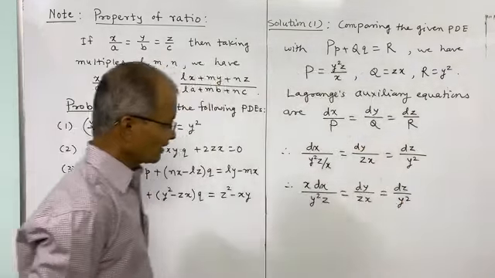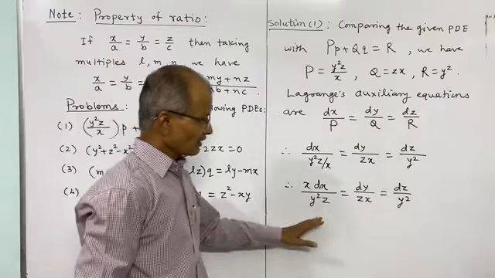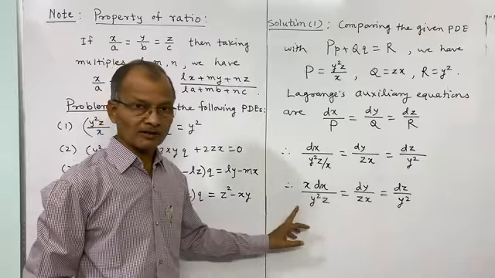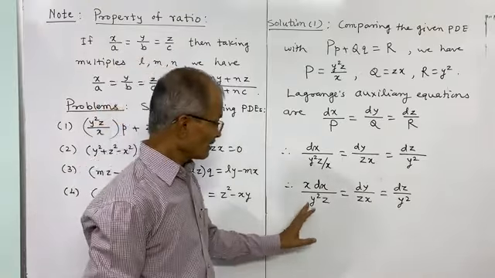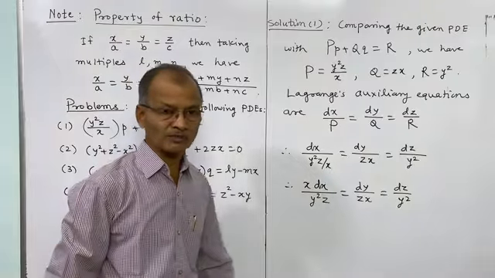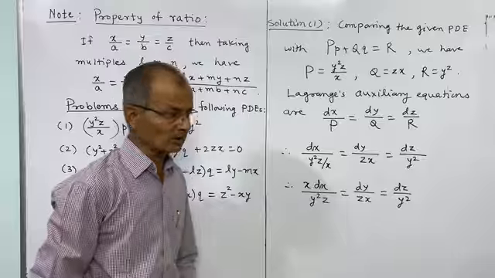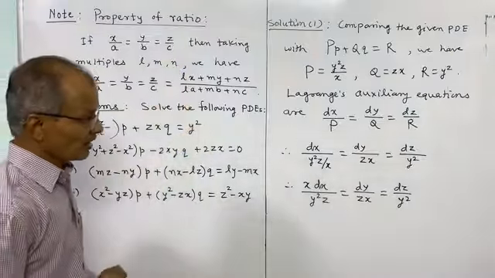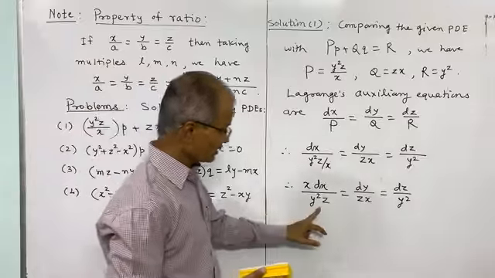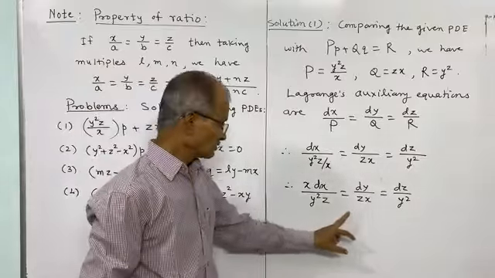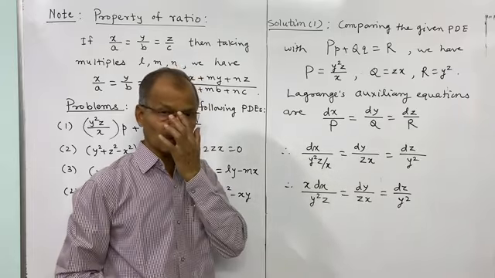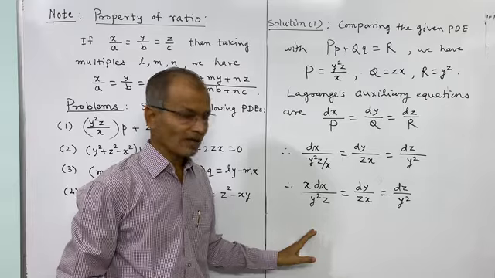Now these are our Lagrange's auxiliary equations, and we have to solve them by taking any two ratios to get one solution and another two ratios to get another solution, or use the method of multipliers. What we can observe here is that we can equate the first and second ratios, and then integrate.